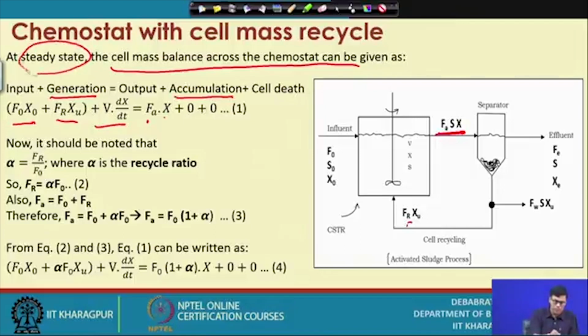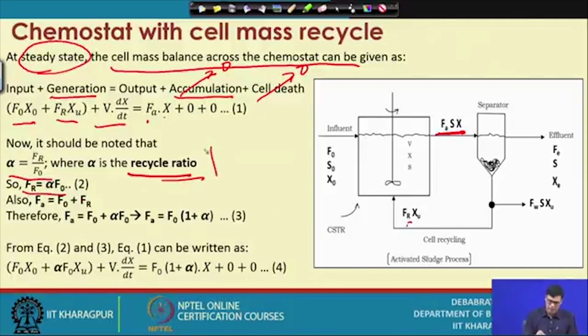Under steady state condition, since we mentioned the steady state condition, we can assume the rate of accumulation is 0, and also we can assume that no cell death takes place. Then we can write that alpha equal to Fr by F0, and alpha is considered as the recycle ratio. So, Fr is equal to alpha into F0.